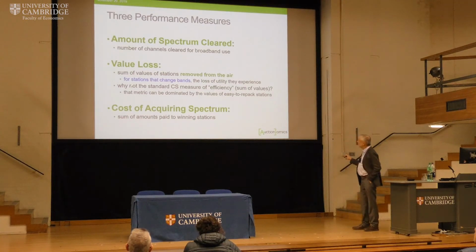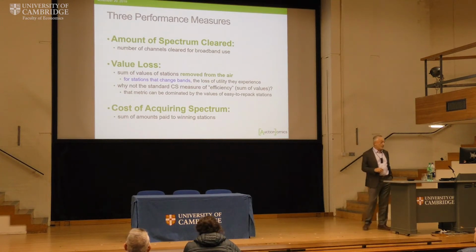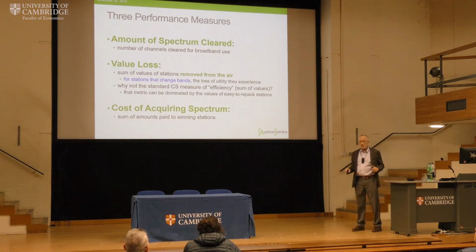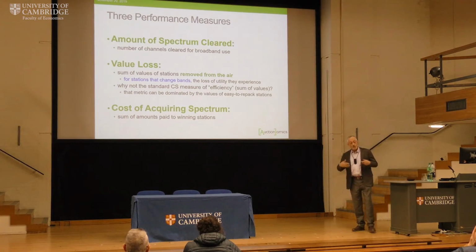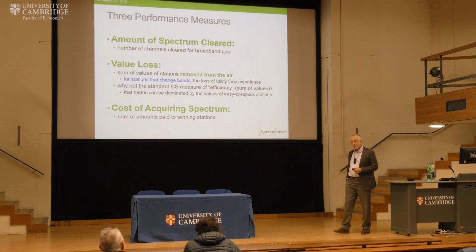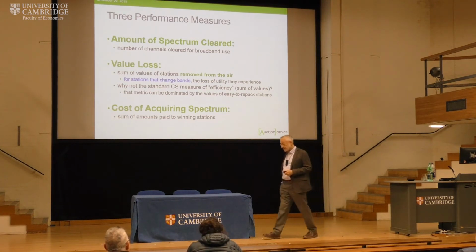So for stations that change bands, we take a look at the loss of utility those bidders experience. I actually described this to some of you. I don't know if I described this yesterday. Usually in computer science, when you measure efficiency, you take a look at the sum of the values of the things that are put into the knapsack.